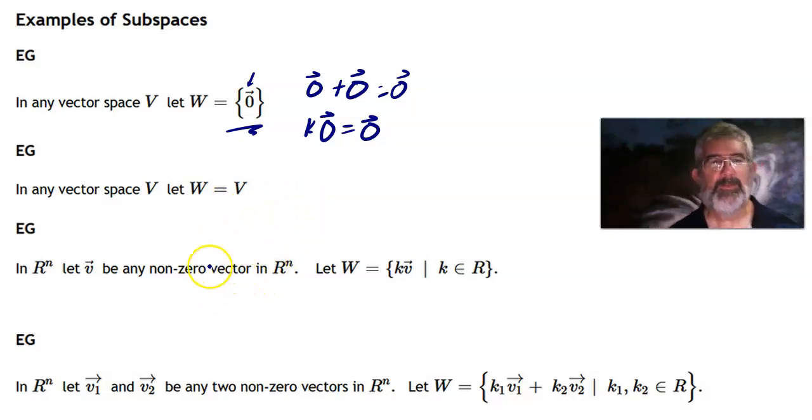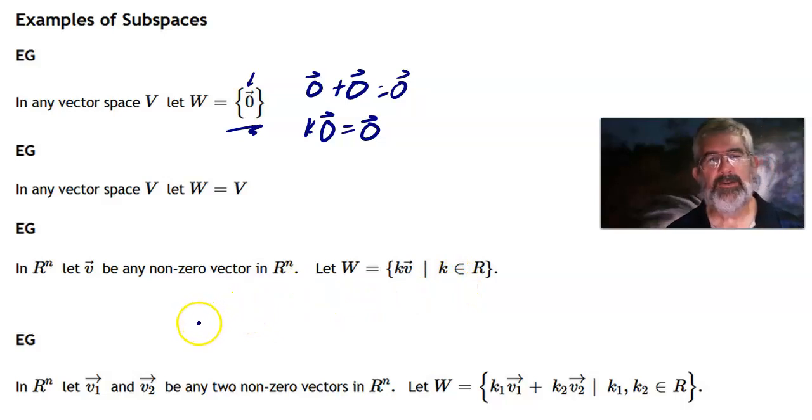Anyway, here are some other ones. In Rn, let V be any non-zero vector. Then I look at the subspace of all the things that look like kV, where k is a real number.